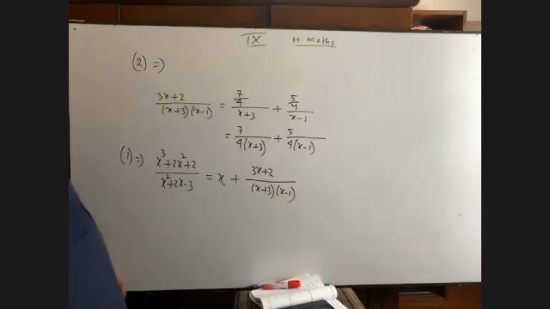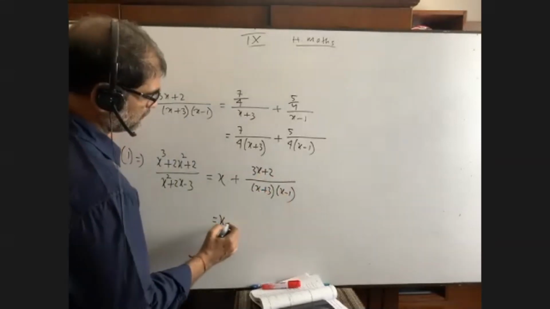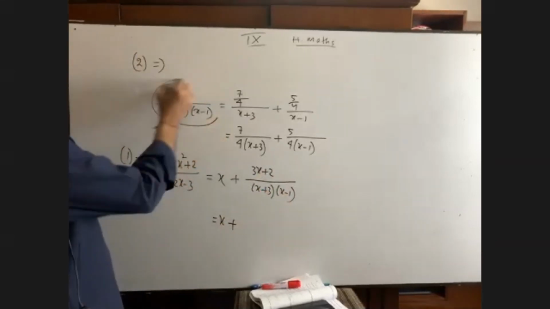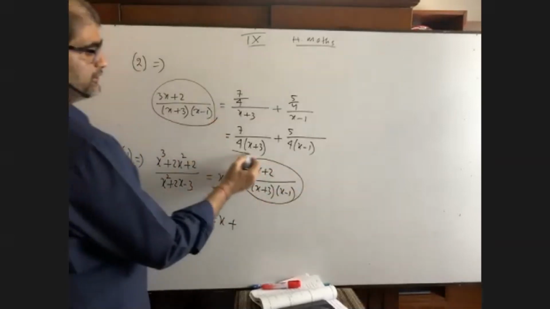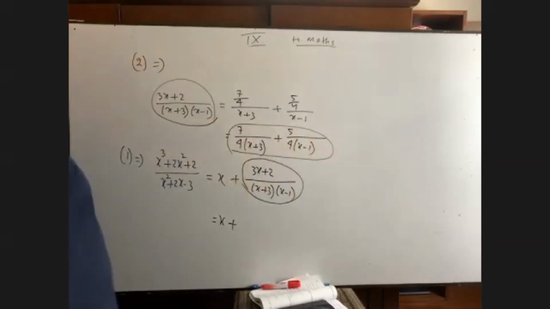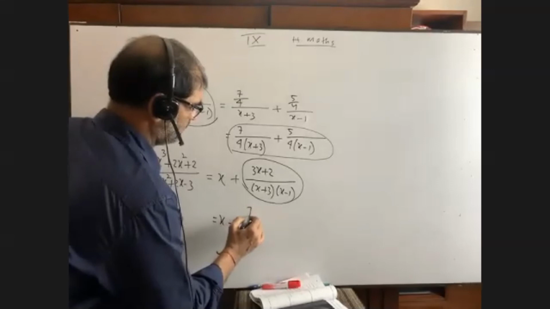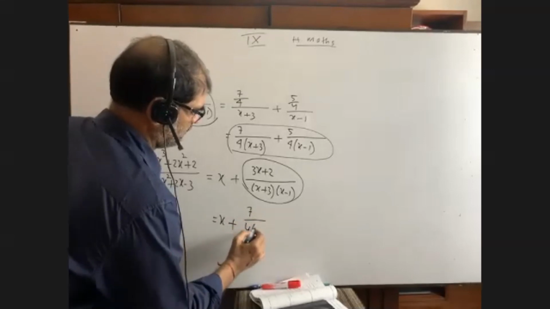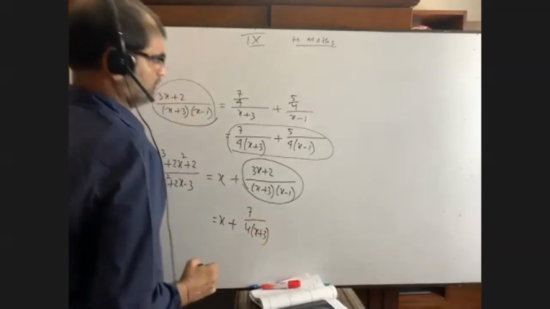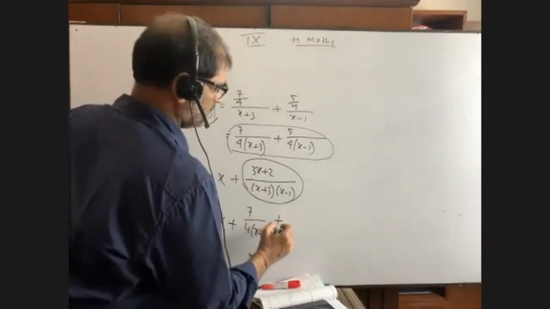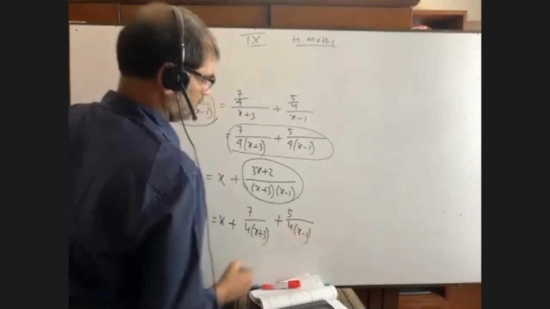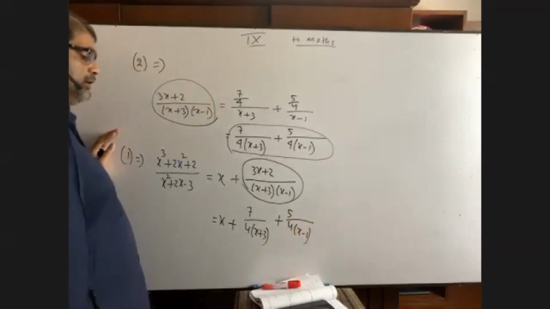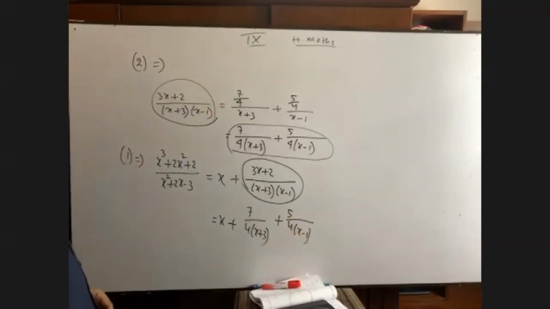Now you put the value. It is x plus, what is the value of this part? Its value is this. Okay. So you put this value: 7 by 4 x plus 3, 5 by 4 x minus 1. We are done. If we have any confusion, then please verify at home.